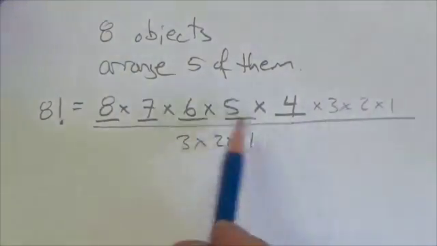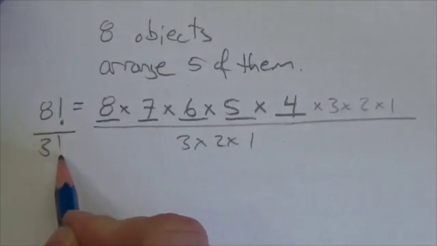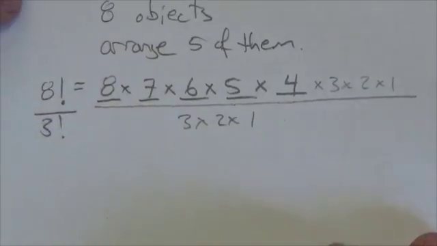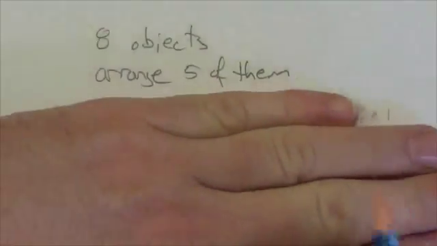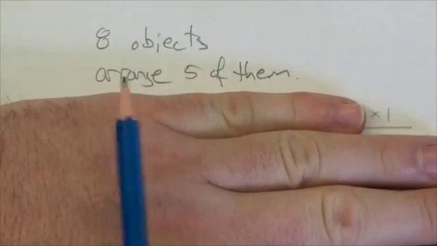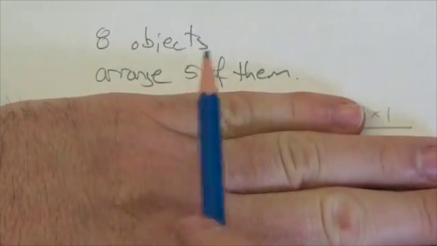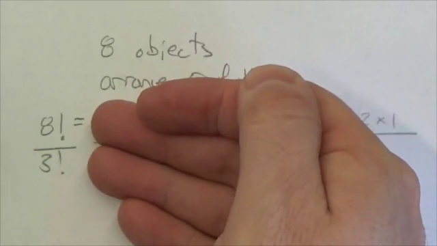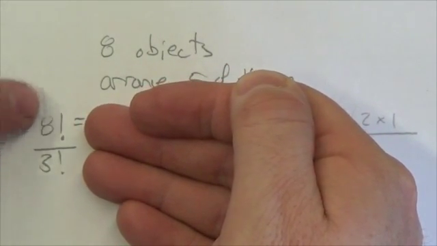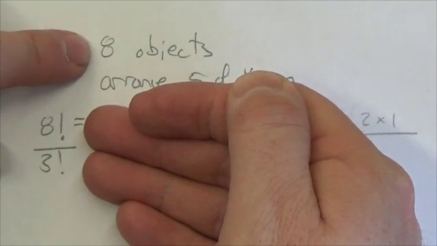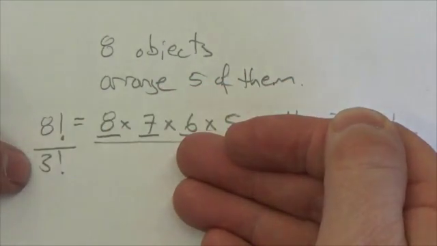Now that means this right here is 3 factorial. Now, let's think about these numbers. Look at the question originally: 8 objects, and I want to arrange 5 of them. And my result ended up being the same as 8 factorial over 3 factorial. I don't think it's any big surprise where the 8 came from, but where did the 3 come from?